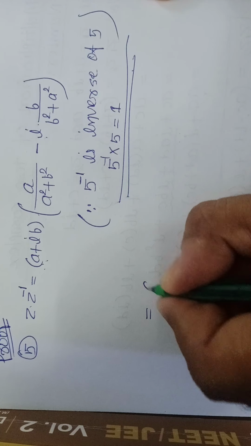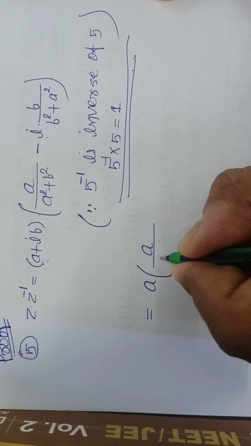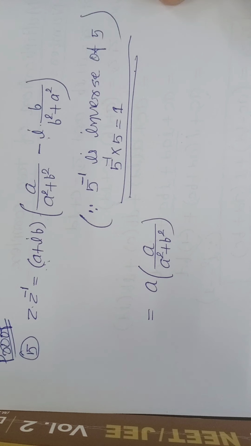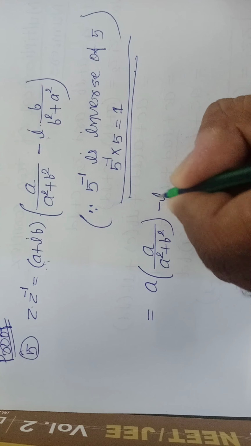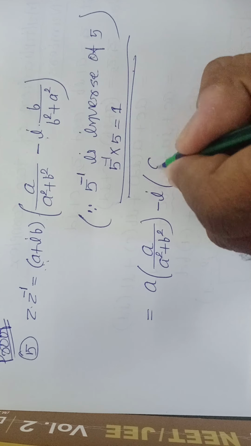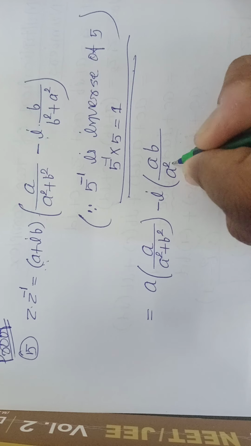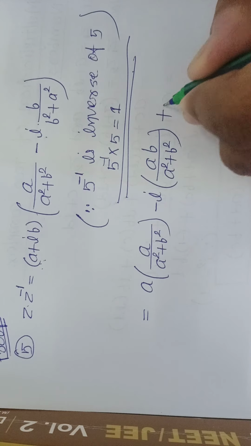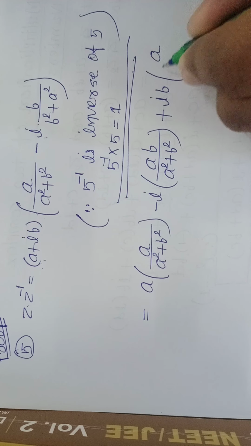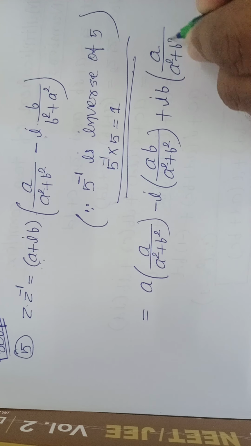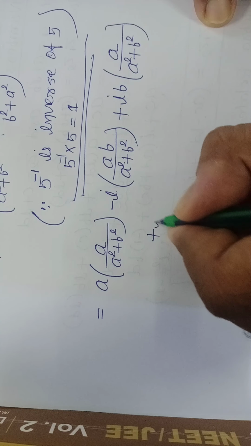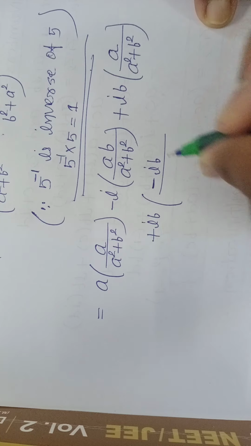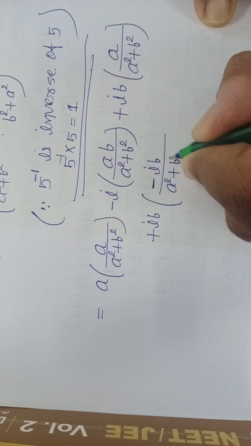A is multiplied with a upon a square plus b square, right? A is multiplied with a upon a square plus b square, minus i into ab upon a square plus b square. Now plus ib into a upon a square plus b square, plus ib into this, finally minus ib upon a square plus b square, right?